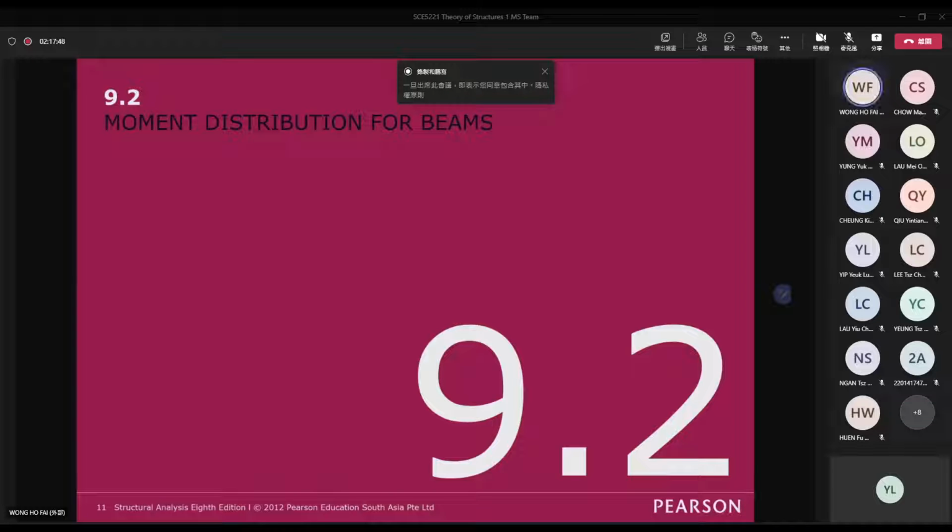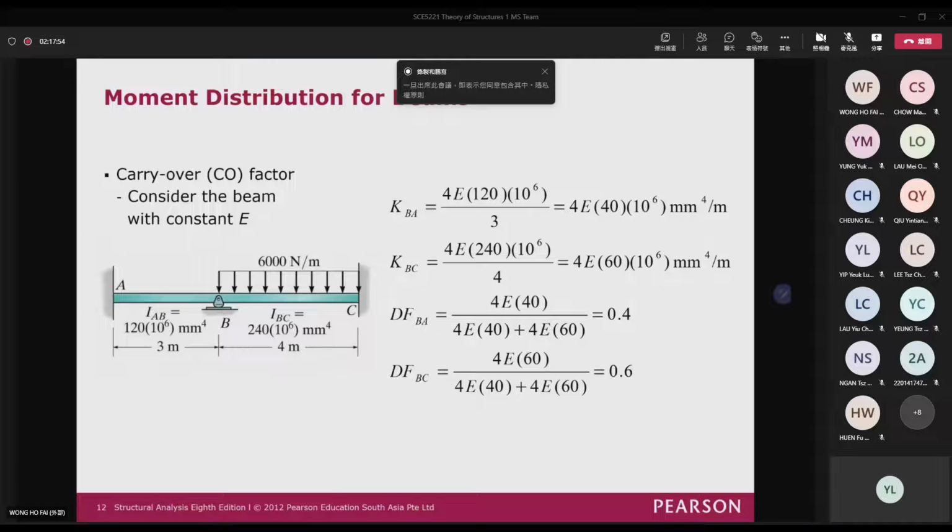And then for the moment distribution of the beams, we will describe the procedure here. Now I will use a beam to illustrate the idea. You can see that I have a two-span beam, AB and then BC. On the left-hand side, there's no loading applied on the top of the beam, and on the right-hand side, I have a distributed load applied at the top of the beam.